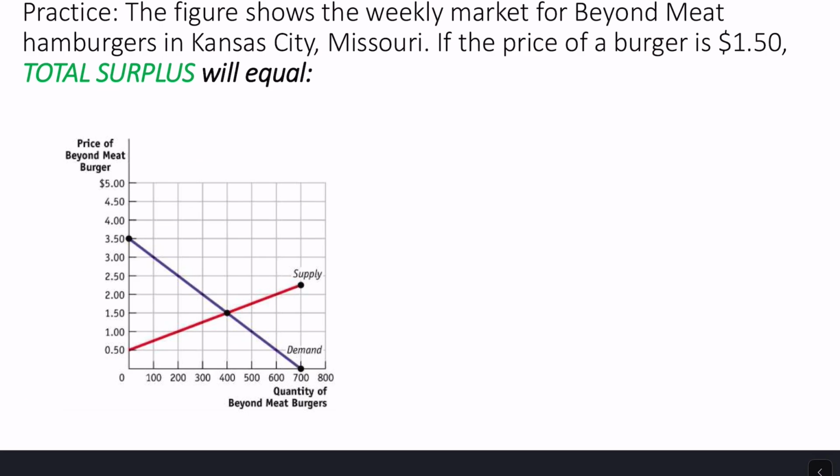Okay, and so we're going to use our triangle formula here, 1/2 base times height. The triangle we're interested in will be everything below the demand curve, above the supply curve. So that green triangle there will be our total economic surplus. And we are looking then at a base going from 0 out to 400.